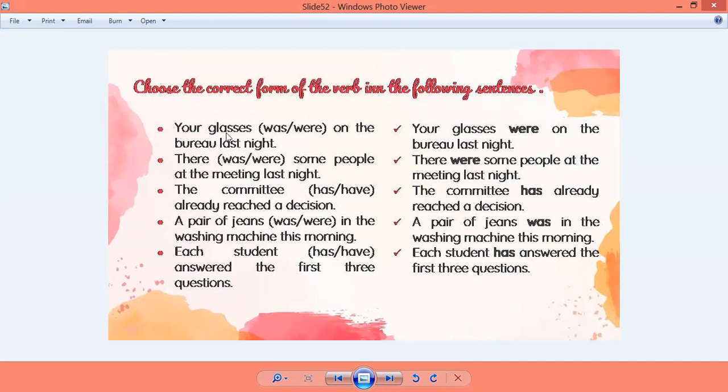And hence we know glasses के बाद क्या आएगा? हमेशा plural. Was और were में plural क्या है? Were, and which is given over here. All right, you can go ahead and pause your video and solve next 4 questions. Okay, I'm changing the slide. You can check your answer in the slide itself, and we'll move forward.